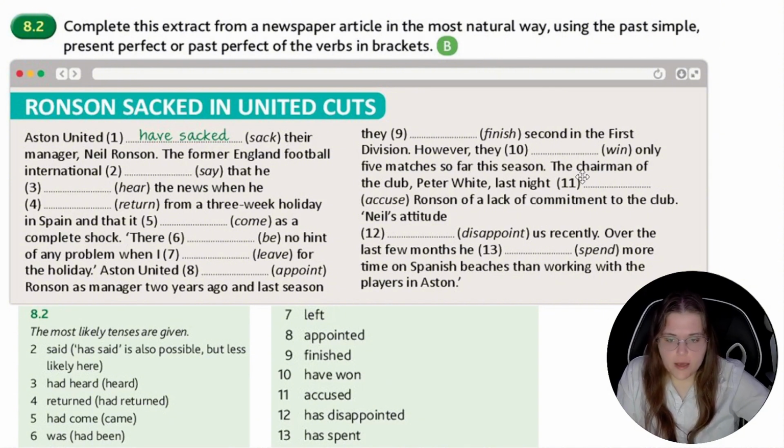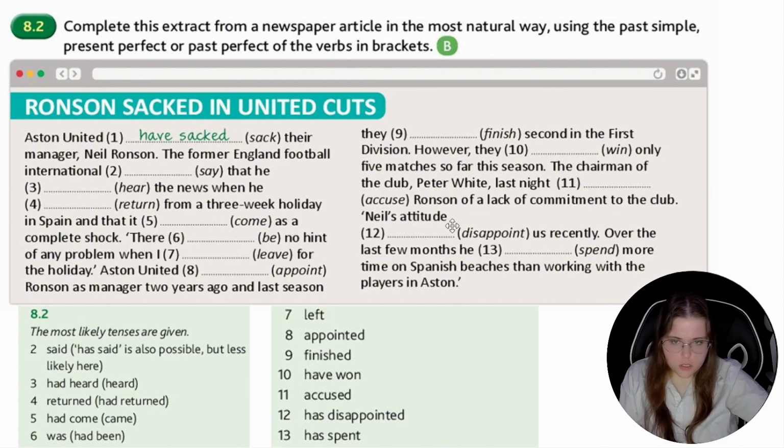However, they have won only 5 matches so far. Have won because so far is used with present perfect. This season, the chairman of the club, Peter White, last night accused him of a lack of commitment to the club.